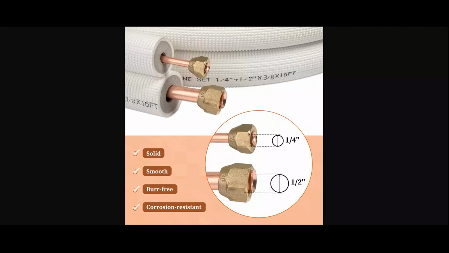Split AC में क्या होता है? Suction and discharge line copper pipe में sir. Outdoor unit होता है, indoor unit होता है. Okay.